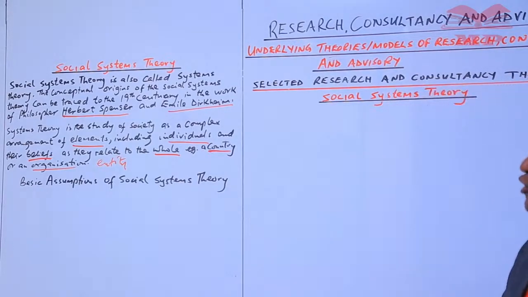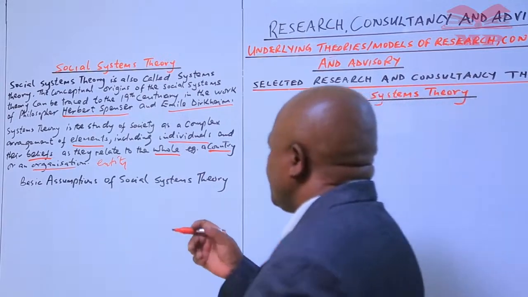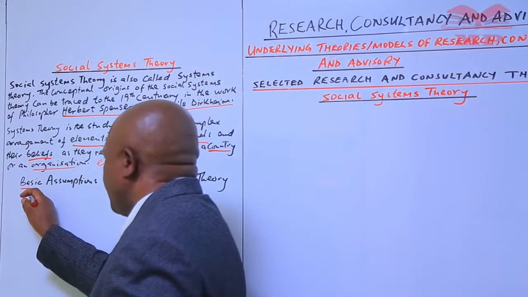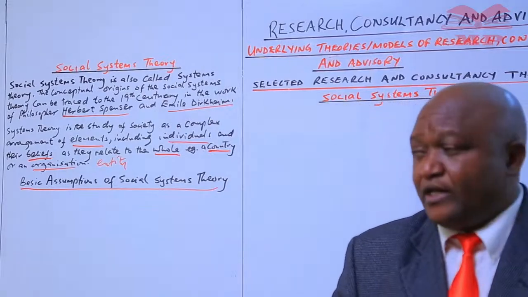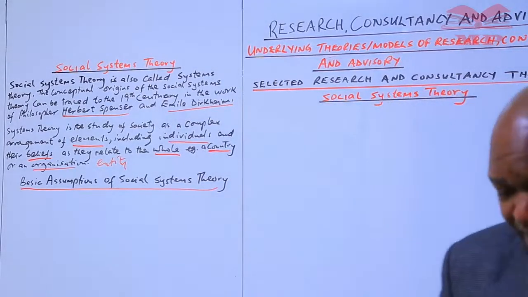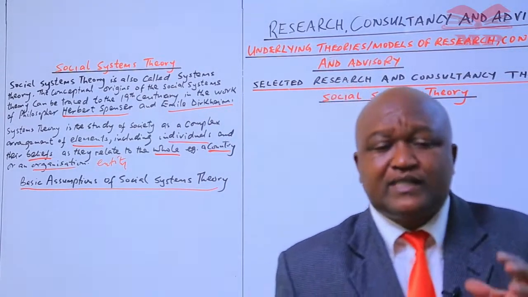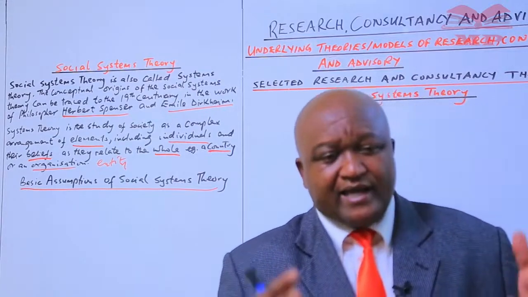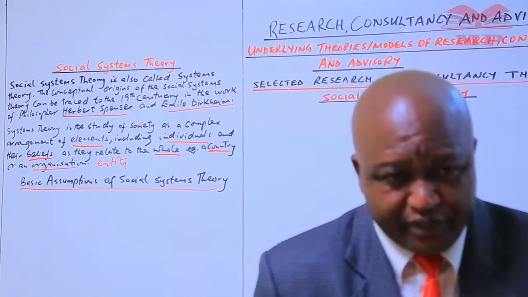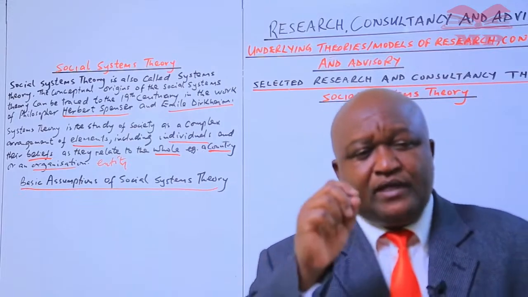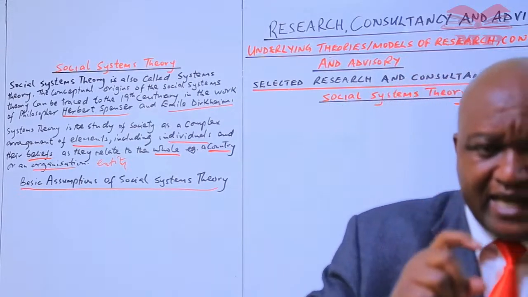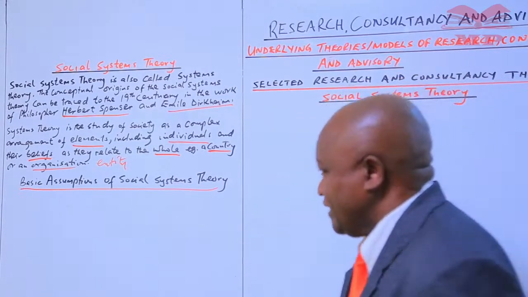In the social systems theory, we are going to look at the basic assumptions of the theory. There are four assumptions that underlie or underpin this theory. The first basic assumption is that there is an underlying general order in the world.